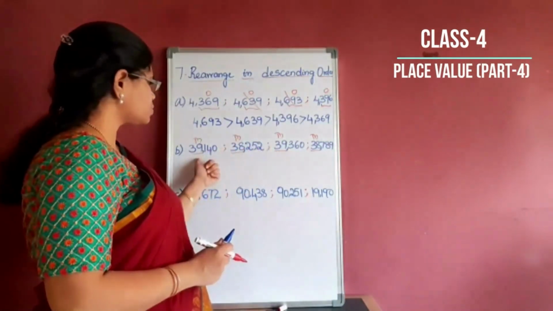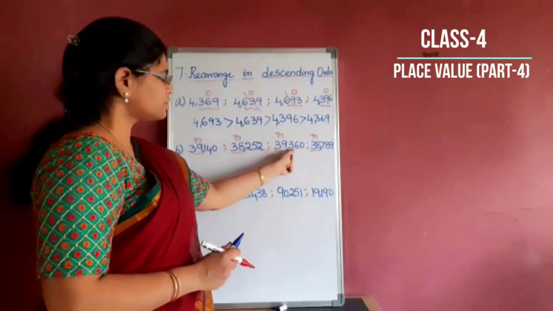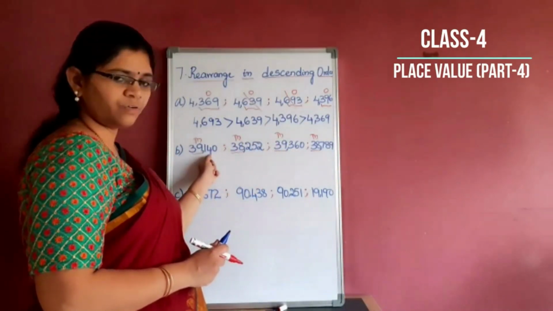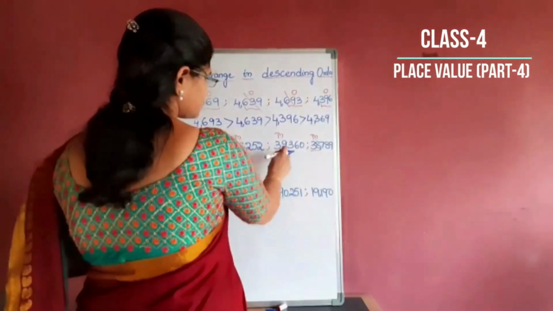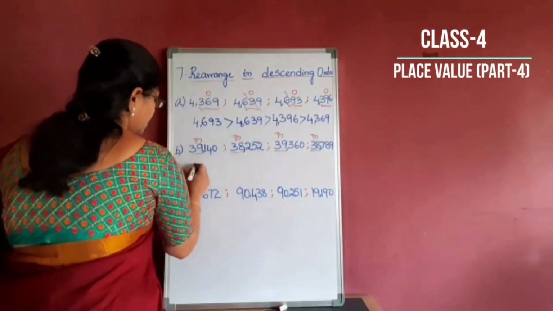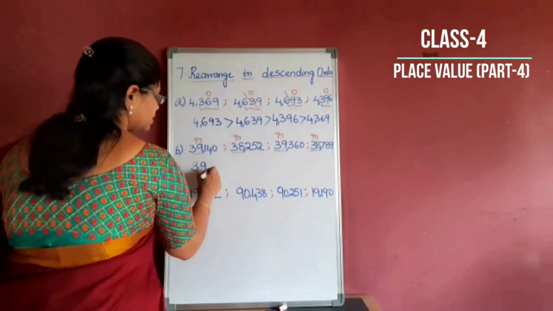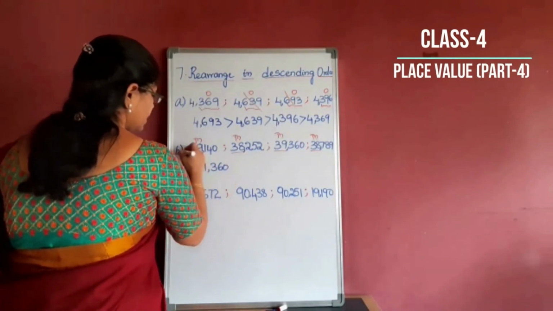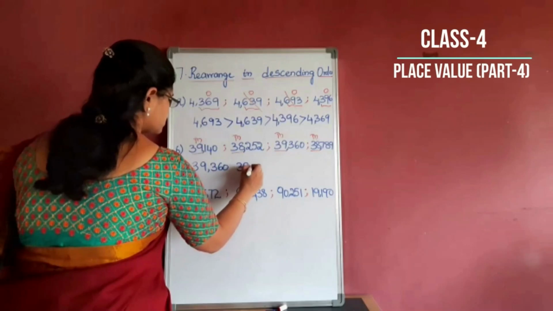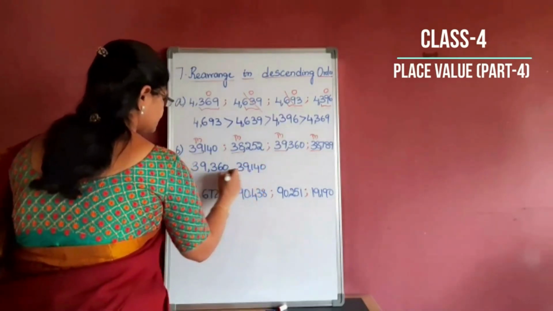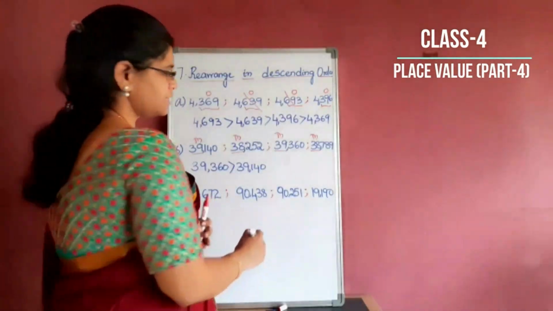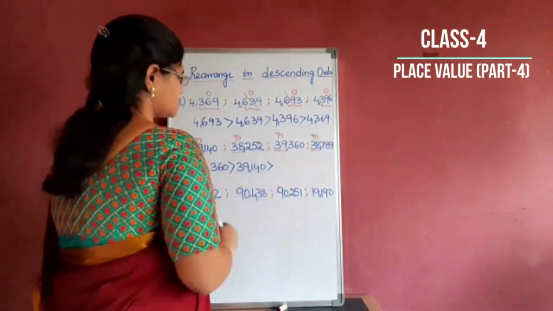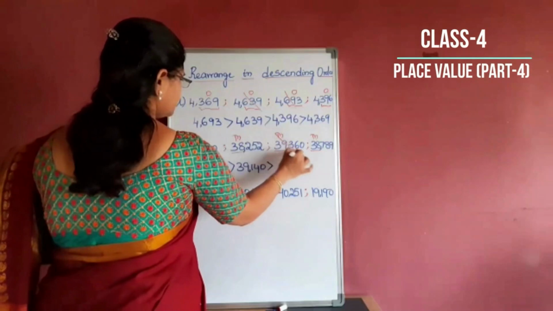In these two children, which is greater, 360 or 140? 360 is greater. So this comes first and this comes next. Let me write this first. 39,360 and then comes 39,140. As this is greater, I am putting a greater than sign over there. Next. So these two are done, children.